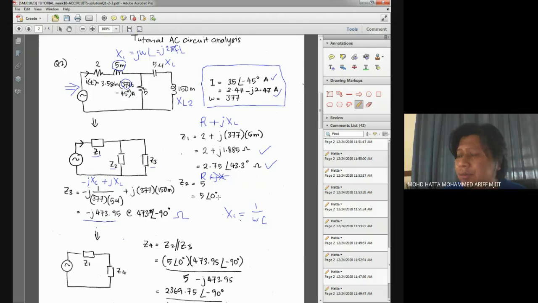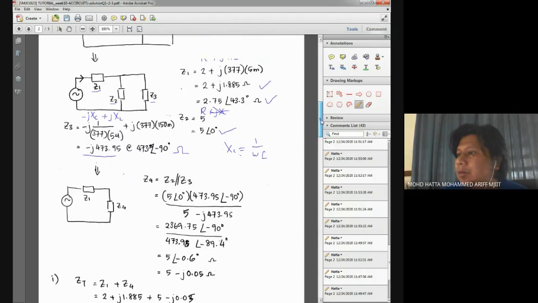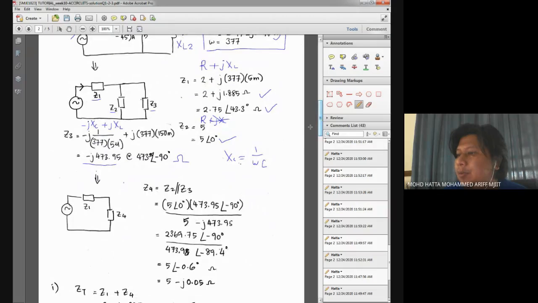The phasor or polar form of Z2 is given by this value, 5 with the angle of 0. And later on, you see that these two are in parallel. So solve the parallel connected elements, and you will come across this.